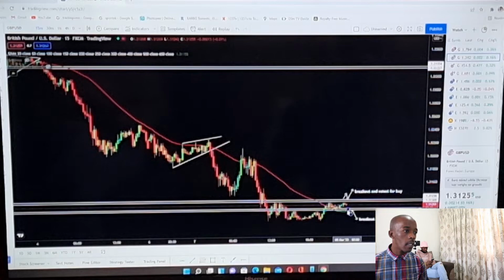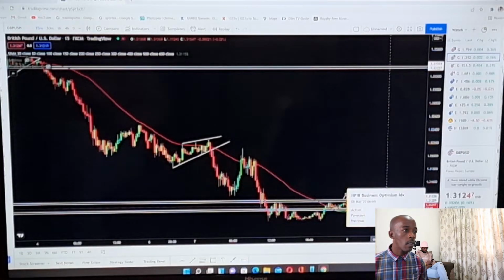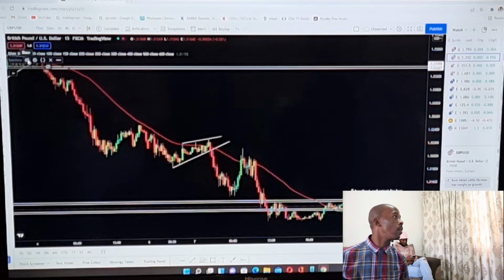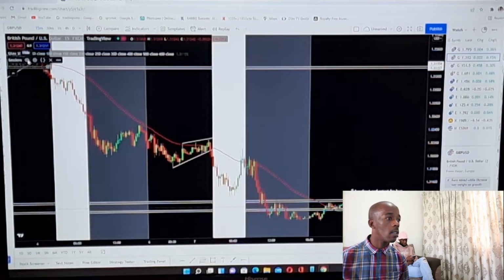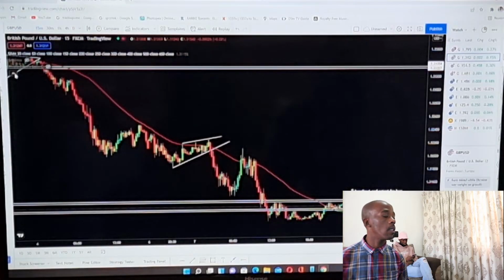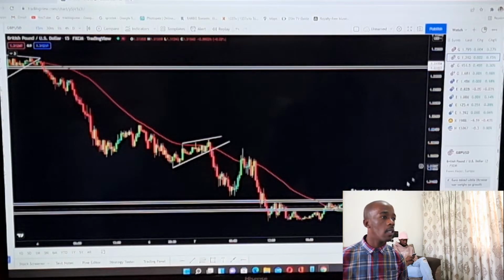But if it breaks downside, I will wait for breakout, retest, then sell. But there will be news along the way. So let me see when the session starts. Okay, around 10. So this is one of the trades that I'm expecting on USD.